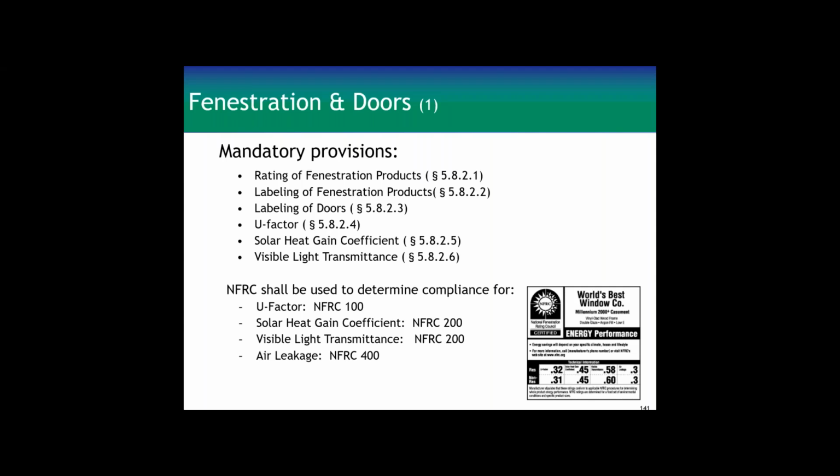Fenestration and doors. And that's, now this, the National Fenestration Rating Council, NFRC, is the people that we have built our information around, and we do require you to use them.